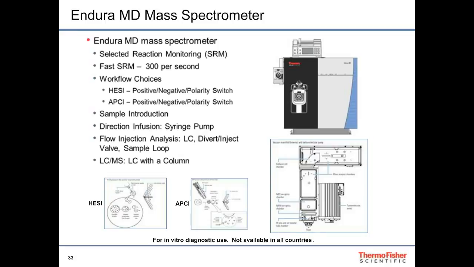The Endura MD mass spectrometer comes with a syringe pump to make infusions and a valve to do flow injection analysis or divert waste away from the ion source. The curved shape of the high-performance quadrupole used for the collision cell between the first and third quadrupoles contributes to the compact design of the Endura MD mass spectrometer.